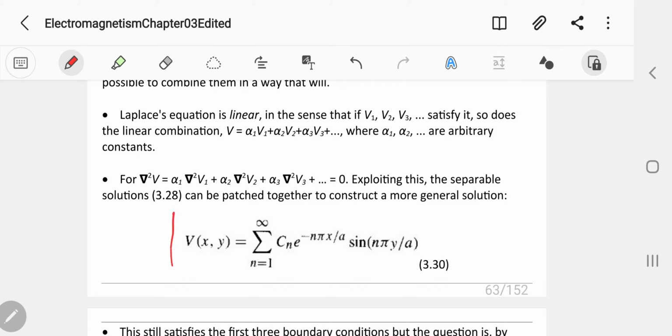Then the general form of the potential, where n starts from 1 to infinity.